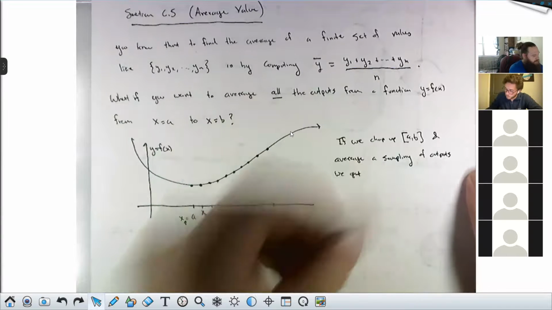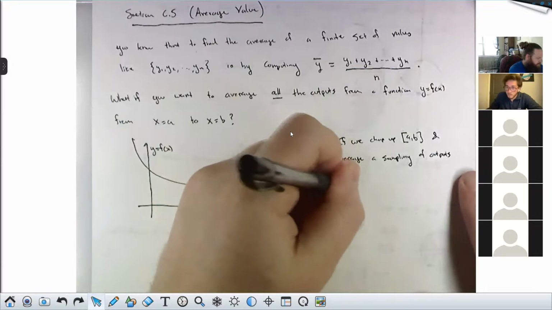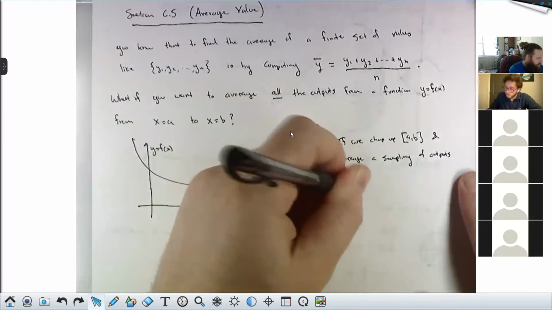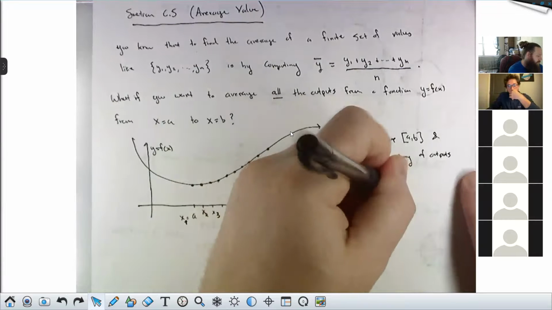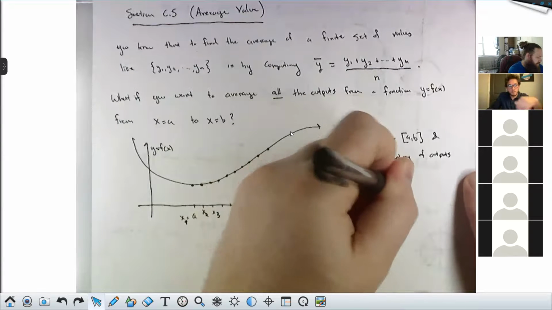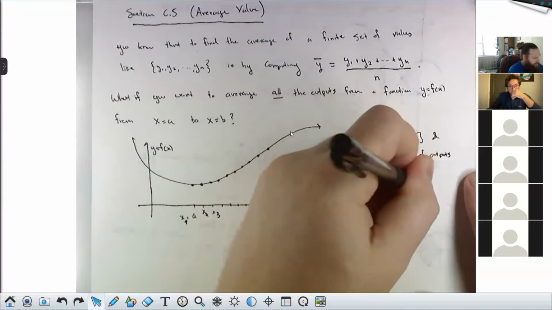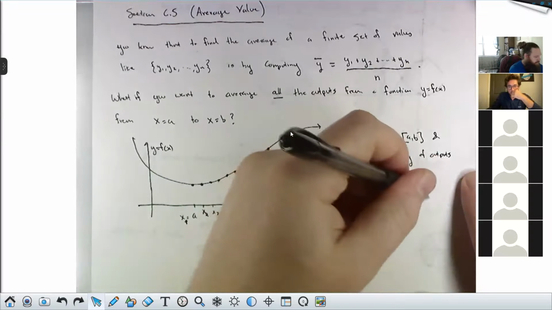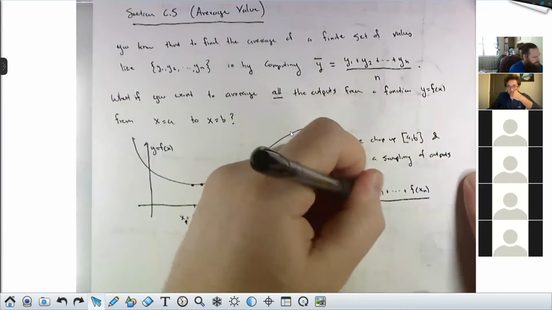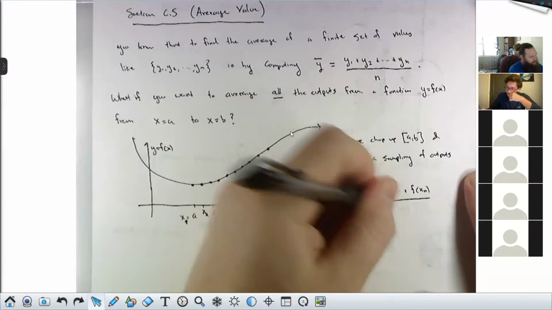That'll be nicer. Then what we have here is f of x1 plus f of x2 plus out to f of xn. And I want to average that. So I'm going to divide by the number of terms here. There's n terms here.